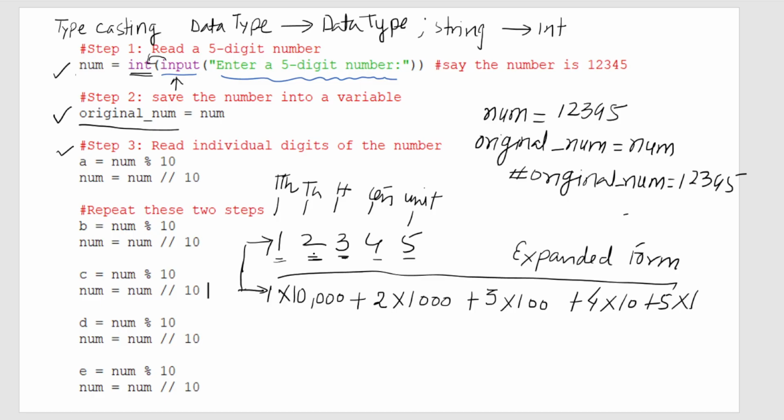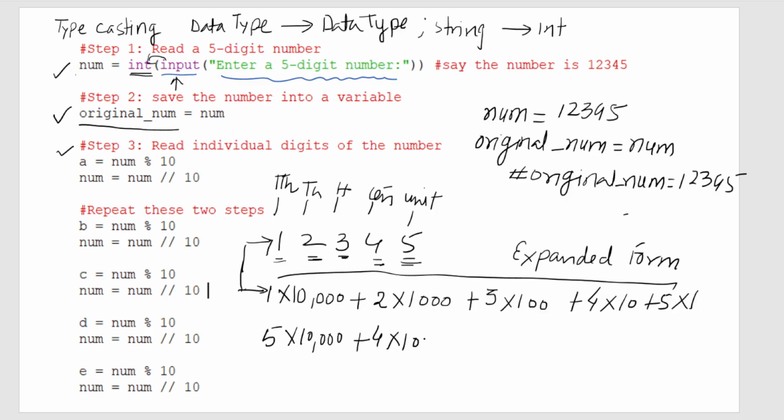So if we want to reverse that number, we need to do the same thing in the reverse order. That means this number was multiplied by the unit value, so this number should be multiplied by the highest place value. Then 4 was the second digit, so it should be multiplied by 1000.